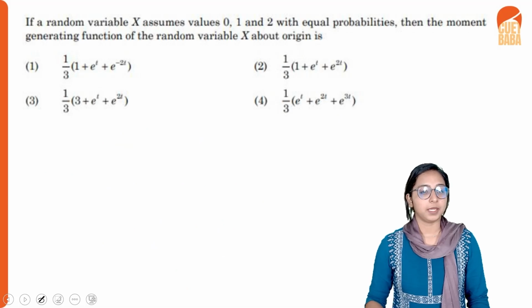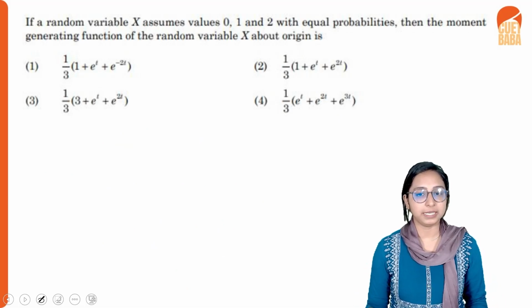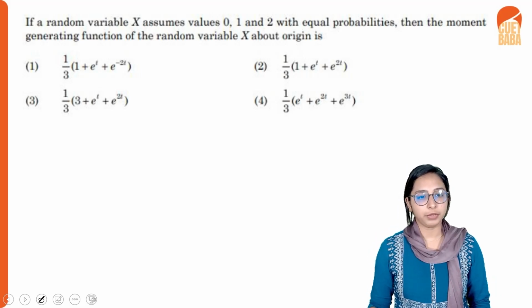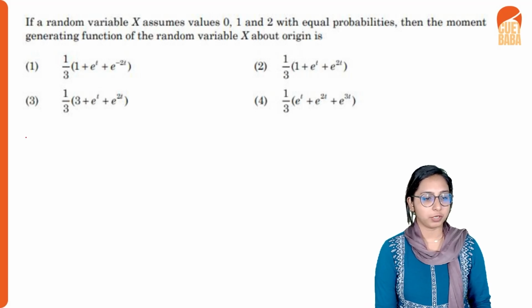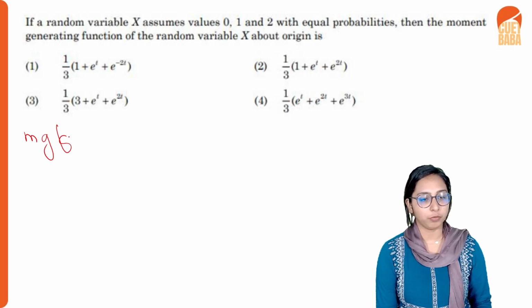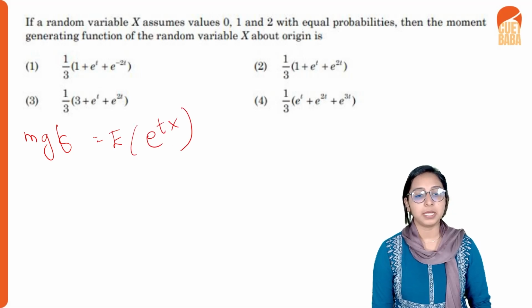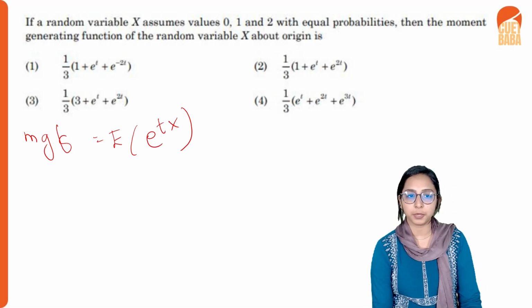Next question. If a random variable x assumes values 0, 1 and 2 with equal probabilities, then the moment generating function of the random variable x about the origin is... The moment generating function, that is MGF, of a random variable is equal to the expectation of e power tx, where x is the random variable. This is the equation to find the moment generating function of a random variable.